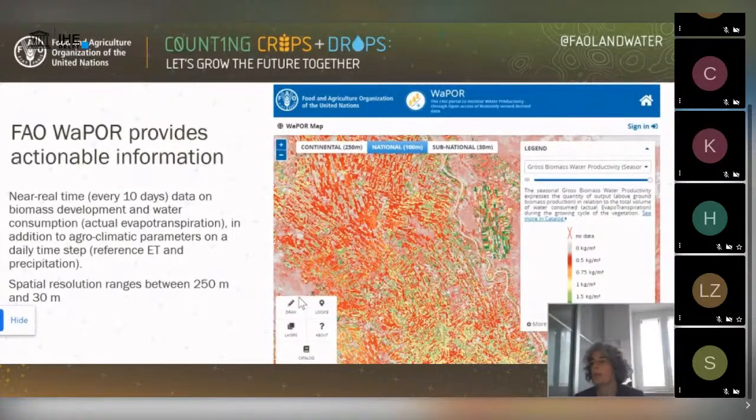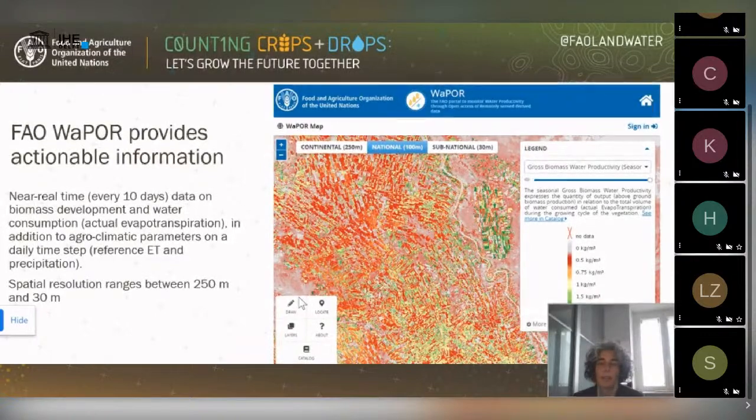This is a close-up of the Gezira scheme in Sudan, one of the largest irrigation systems in sub-Saharan Africa. With this level of detail, we can already see the spatial variation in an irrigation system.